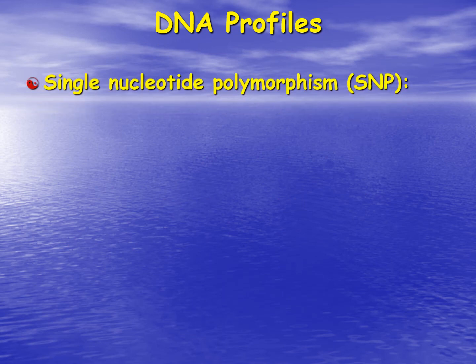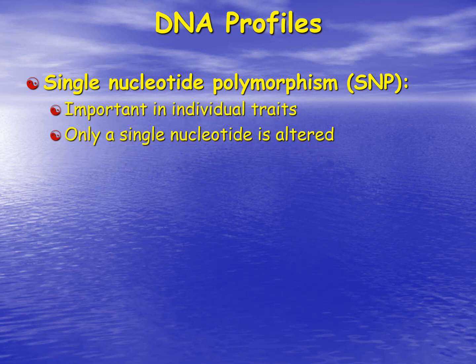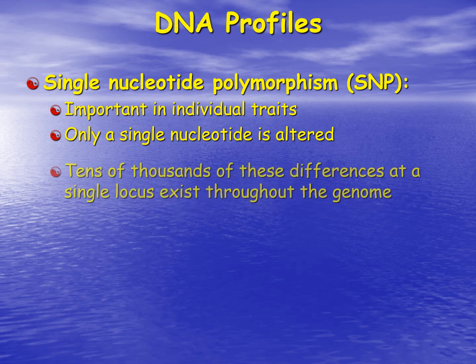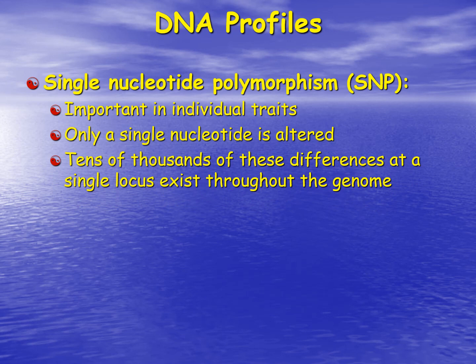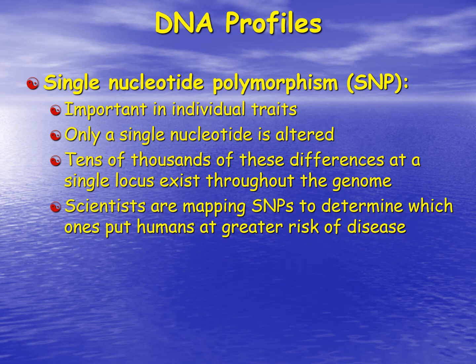Now, single nucleotide polymorphisms, what's known as SNPs. These are important in individual traits. In SNPs, only a single nucleotide is altered within the genes. However, tens of thousands of these SNPs can exist at a single locus and throughout the genome. Scientists are now mapping these SNPs to determine which ones put humans at greater risk for particular diseases.